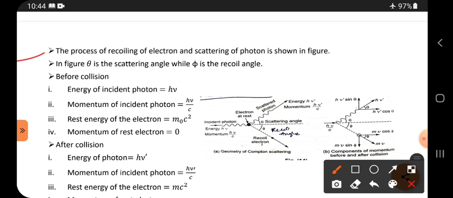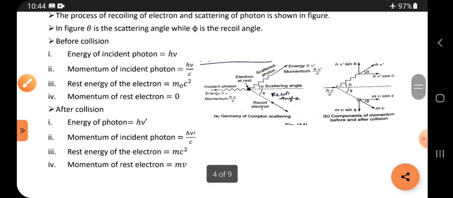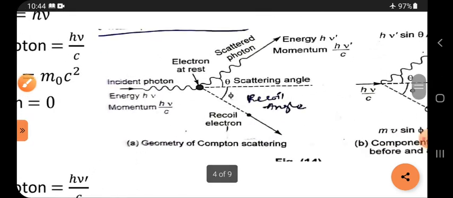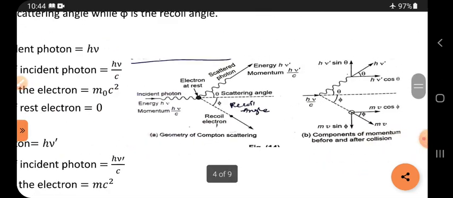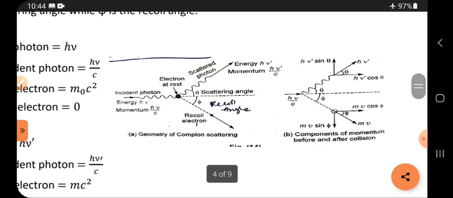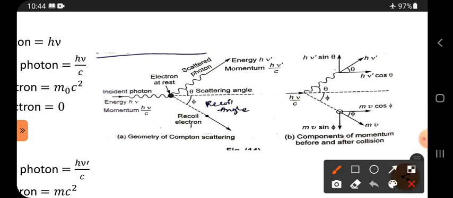The process of recoiling of the electron and scattering of the photon is shown in the figure. In the figure, theta is the scattering angle while phi is the recoiling angle. See the diagram. A photon is coming and there is an electron, which is at rest at the beginning.